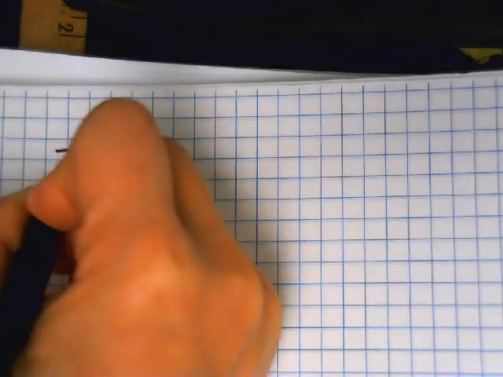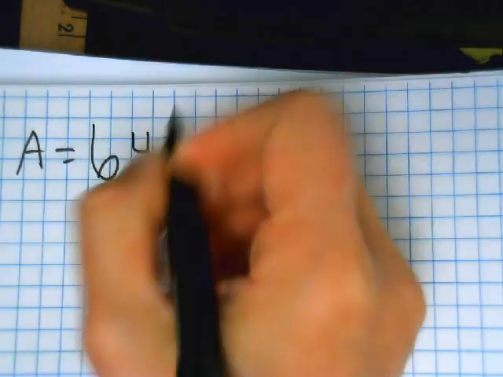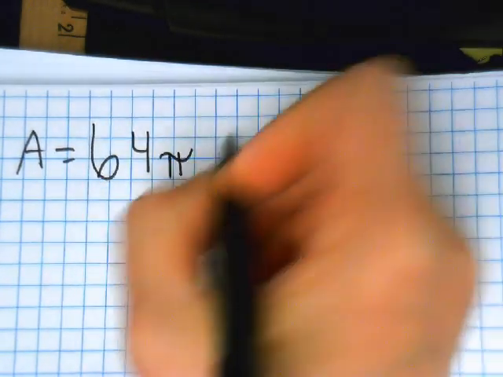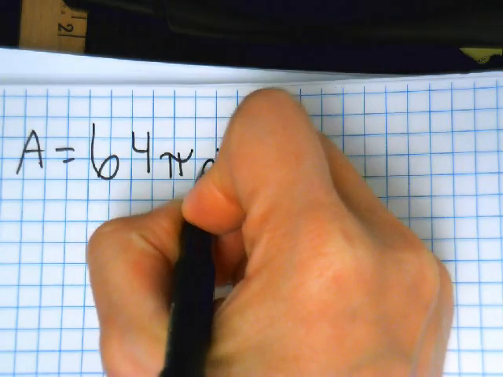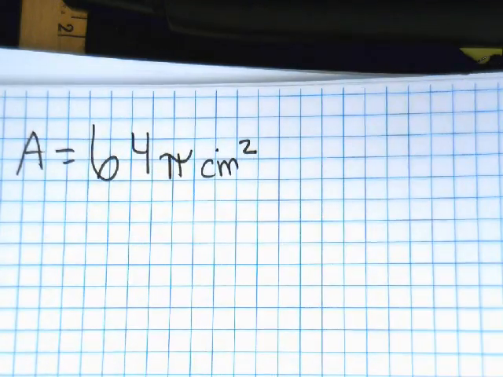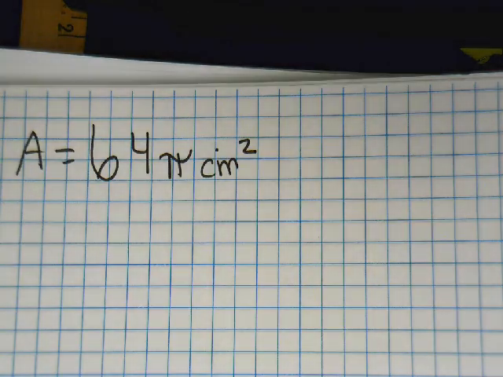All right. Let's see if this one you get it. Okay, the area is 64 pi centimeters squared. So my question is, what is the radius?